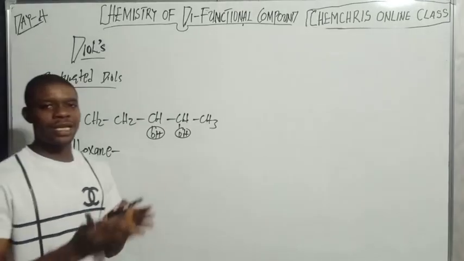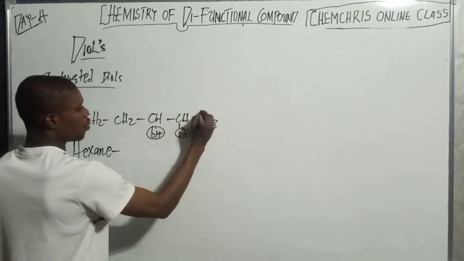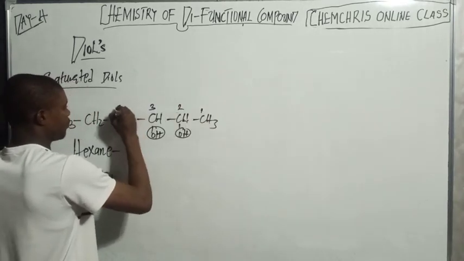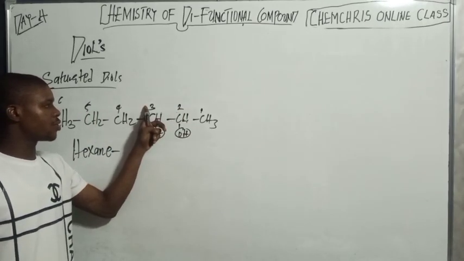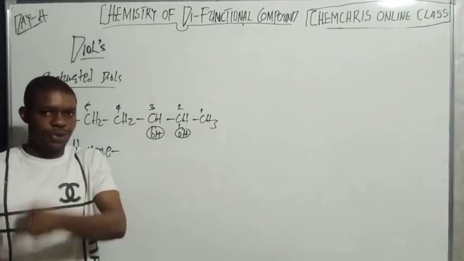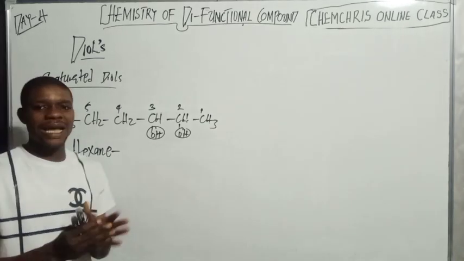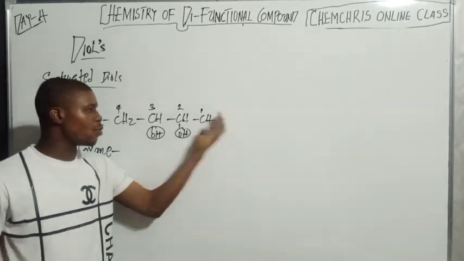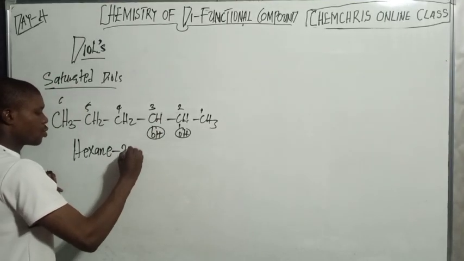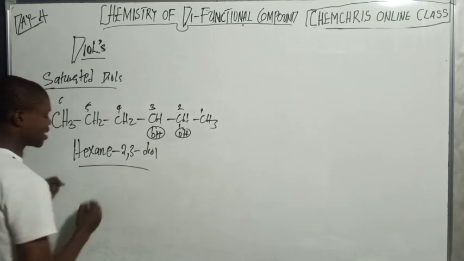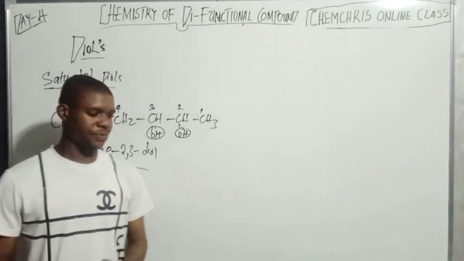Remember, in nomenclature the two functional groups must have the lowest possible numbers. Counting from here we have position 2 and position 3. So the name of this compound is hexane-2,3-diol.